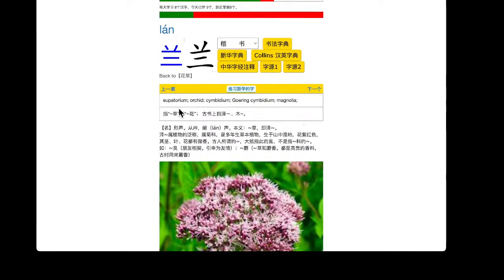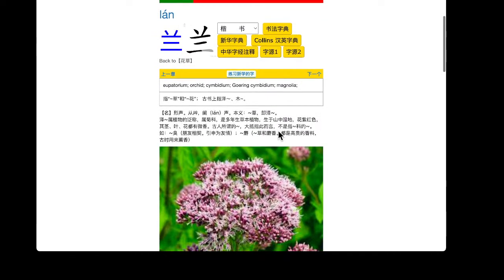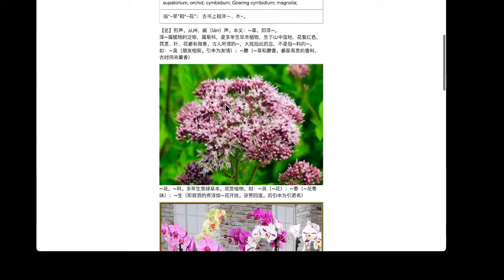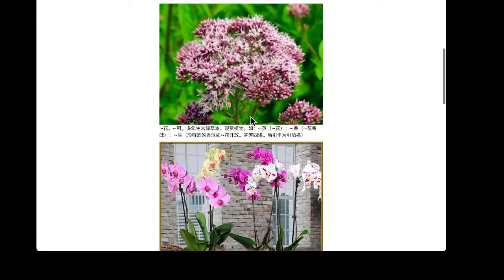So over here it says Eupatorian, orchard, Cymbidium, green Cymbidium, magnolia. Okay, some of them I don't even know how to pronounce them. So anyway, so here are the pictures of those plants. Okay.